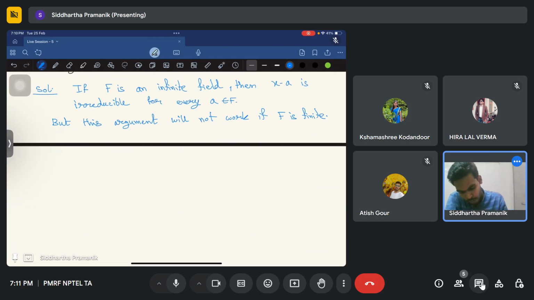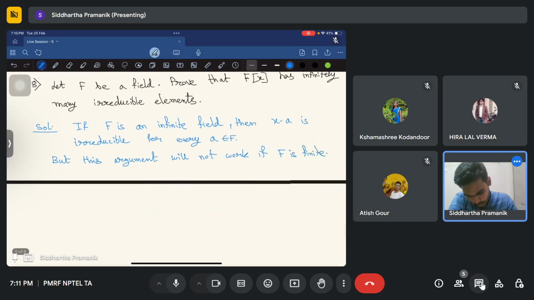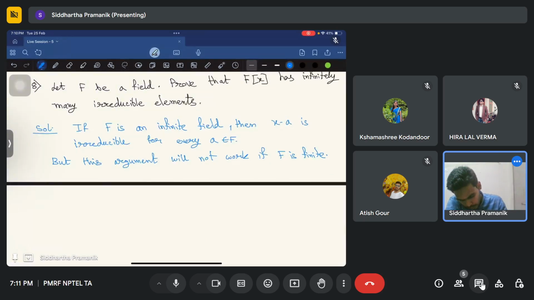So I will prove this by contradiction. Suppose F[x] has finitely many irreducible elements.